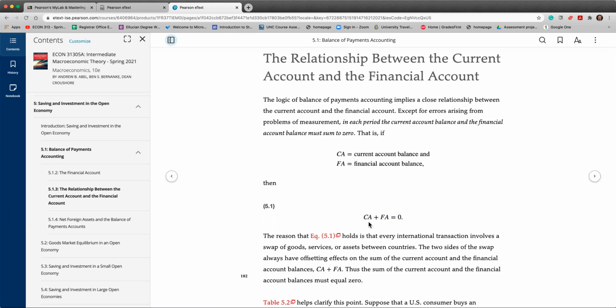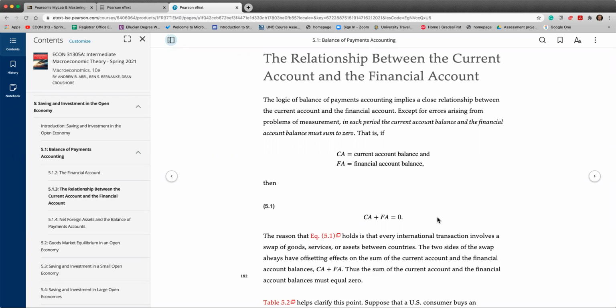So what that means is that if the current account has a positive value, meaning more dollars are coming in to buy our exports than are going out to buy imports, then that's got to be offset by a negative in the financial account, a deficit in the financial account, meaning more dollars are flowing out to other countries than are coming back, and vice versa.